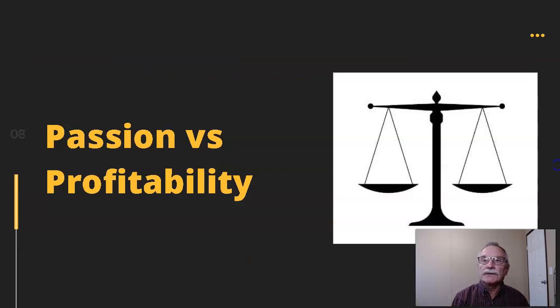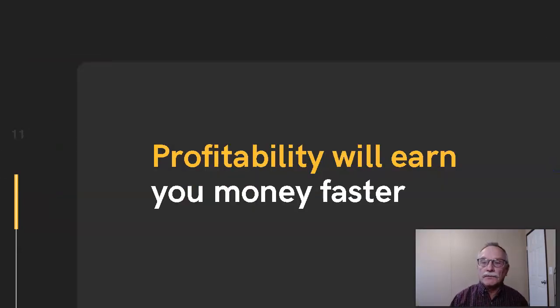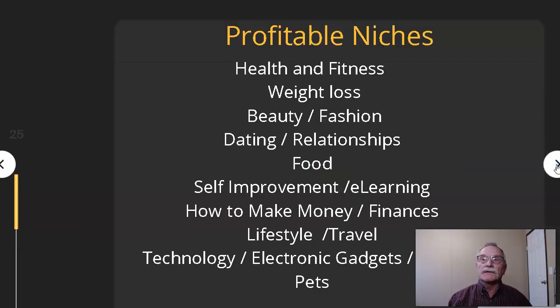Passion versus profitability. Profitability will earn you money faster. And here's a short list of profitable niches: health and fitness, weight loss, beauty and fashion, dating and relationships, food, self-improvement or e-learning, how to make money and finances, lifestyle and travel, technology, electronic gadgets and gaming, and pets.